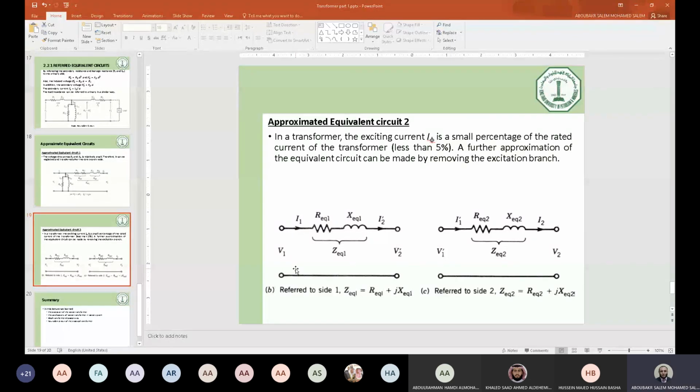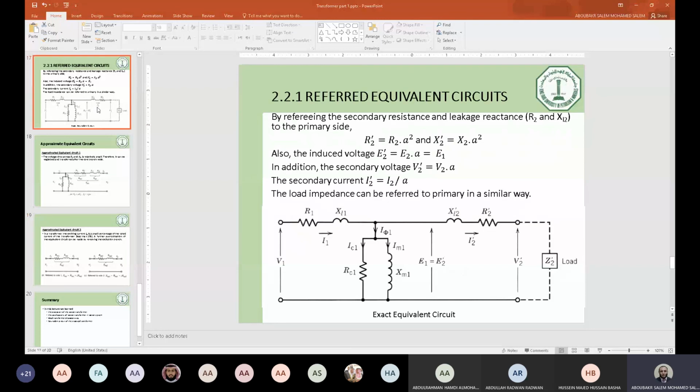It will be considered in a different way. If we need to calculate the core loss for a transformer, we cannot use this circuit. Okay? But doctor, the calculation will not be accurate. Sorry? The calculation will not be accurate. Exactly, it's approximated. The accurate one will be obtained from the exact one.